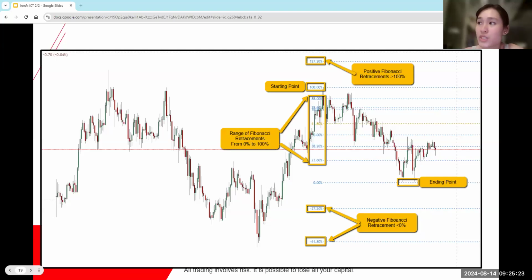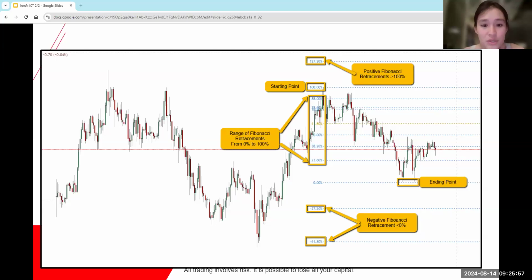I'm just going to focus mainly on the Fibonacci retracement technique, which focuses on the mid-range levels, namely from 0% to the 100% over here. The levels that we look at normally would be 23.6, 30.2, 50, 61.8, and 78.6. And for ICT, they recommend you to go in between these two levels here as your entry.